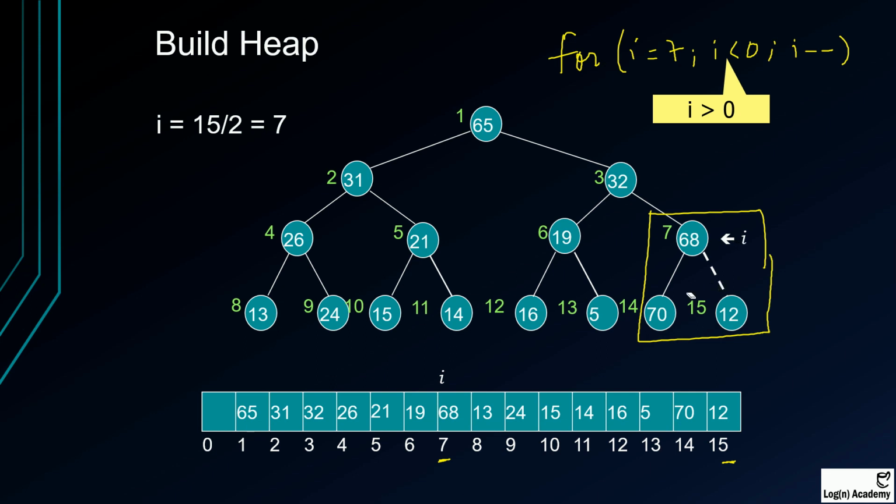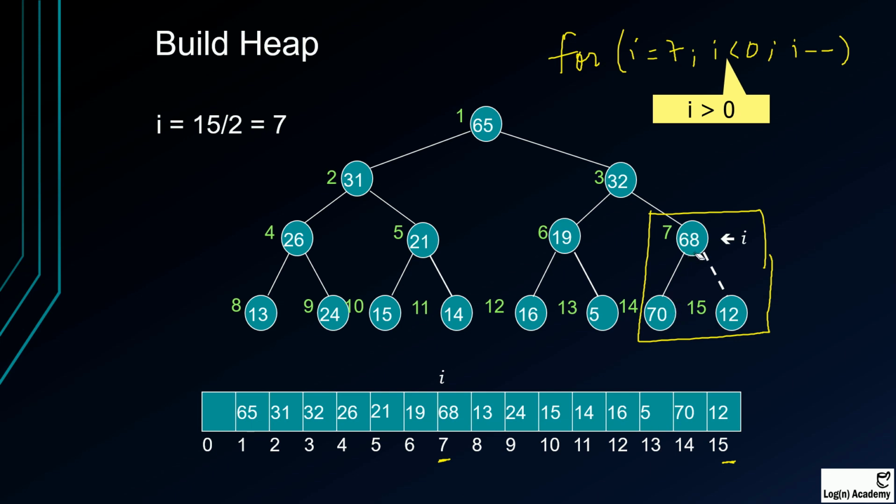So what we will do is first make this subtree a heap structure. As a first step, we will only make this subtree a heap structure. To make this a heap structure, we compare the root node with its children.